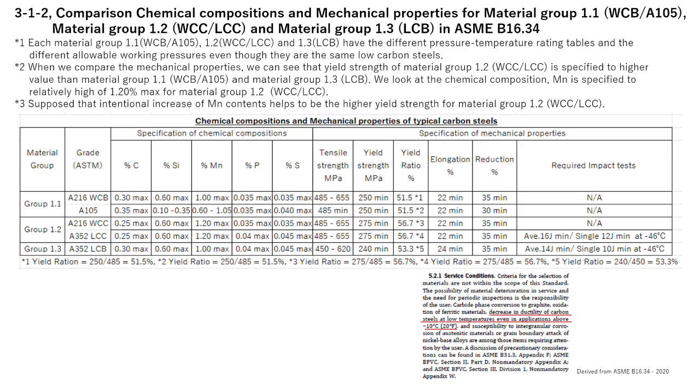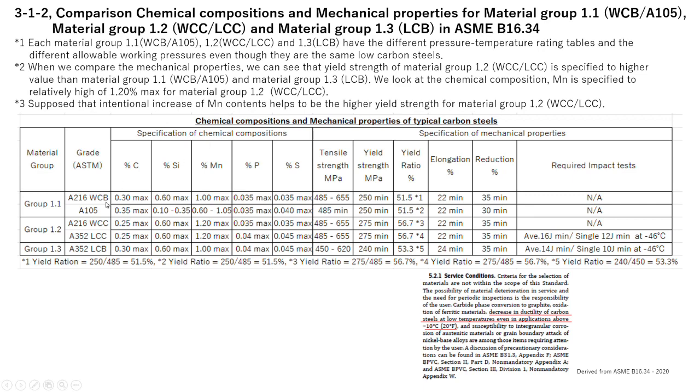From here, we discuss the chemical composition and mechanical properties of the carbon steels. This table shows the chemical composition and mechanical properties specified by the appropriate material specification.